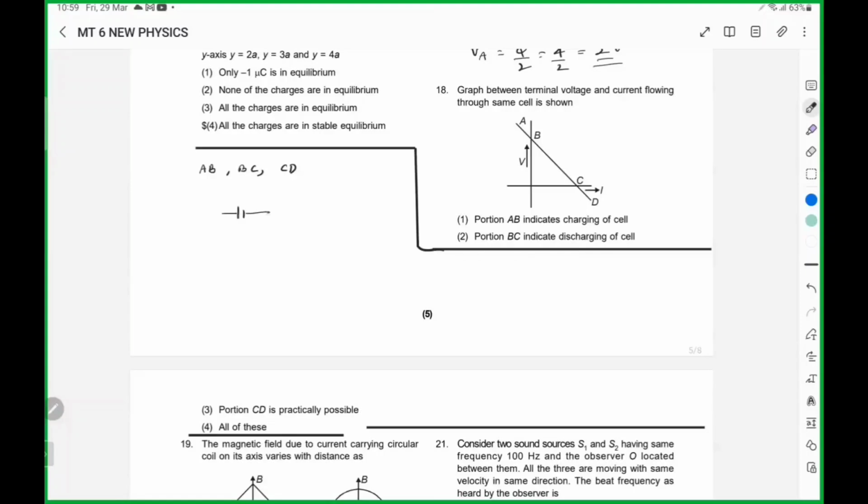When the battery is not connected to a circuit, then an electric field exists inside the battery due to accumulation of positive charge at one place and negative charge at another place. Then EMF is equal to the potential difference between A and B.